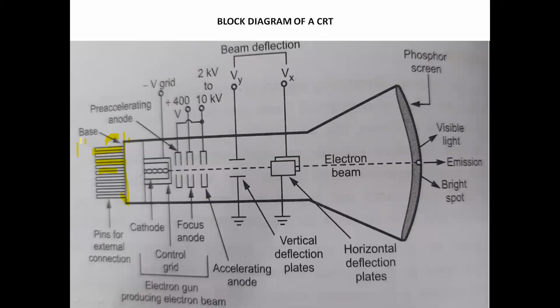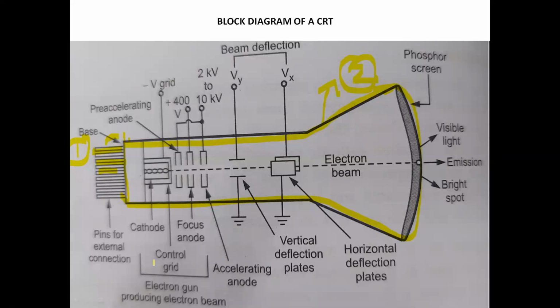So this is the first section, that is the base. Second one, this is the gas envelope. The CRT is nothing but a glass envelope. So all the components that are used in the CRT are inside this glass envelope. It is the second section.